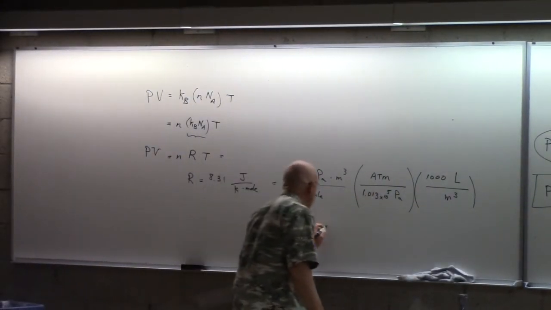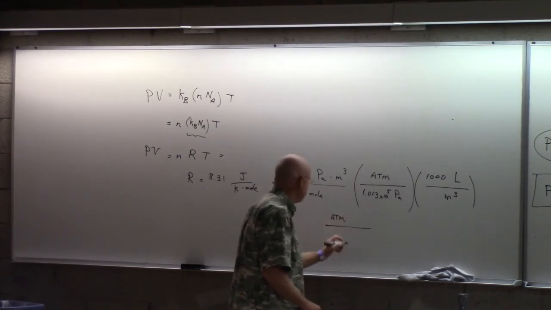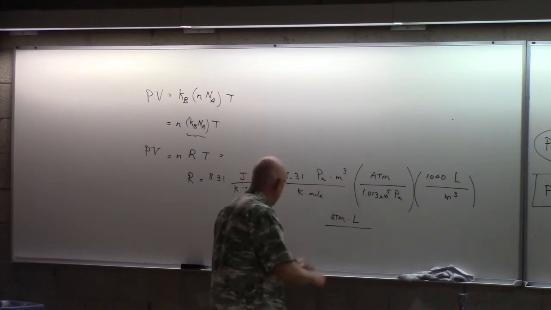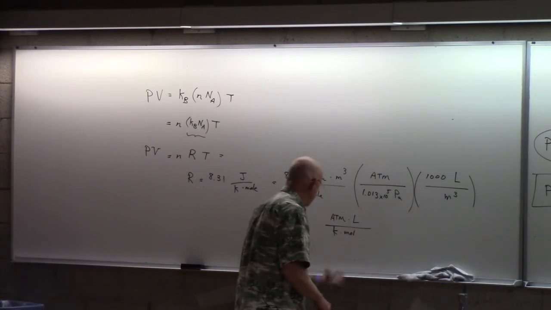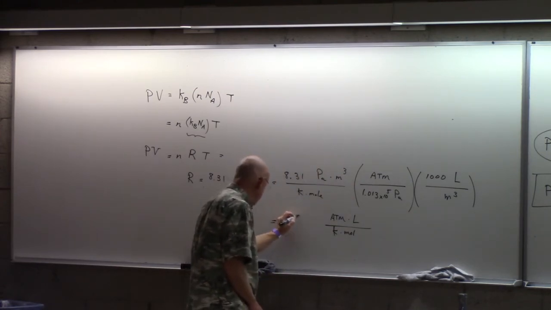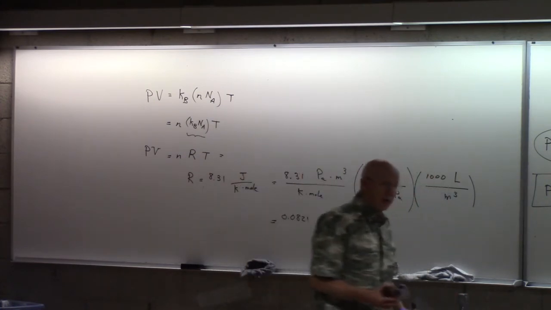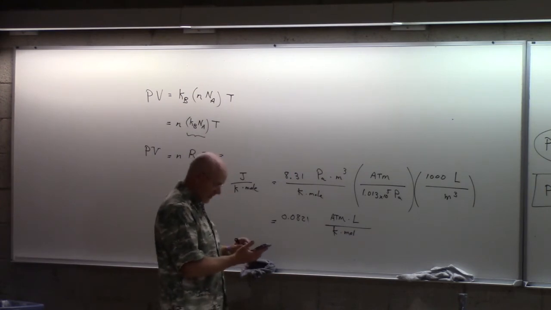So this would change the units to atmospheres times liter per Kelvin per mole, and it would change the number to, let me just check my math, to a number that you might feel more comfortable with.